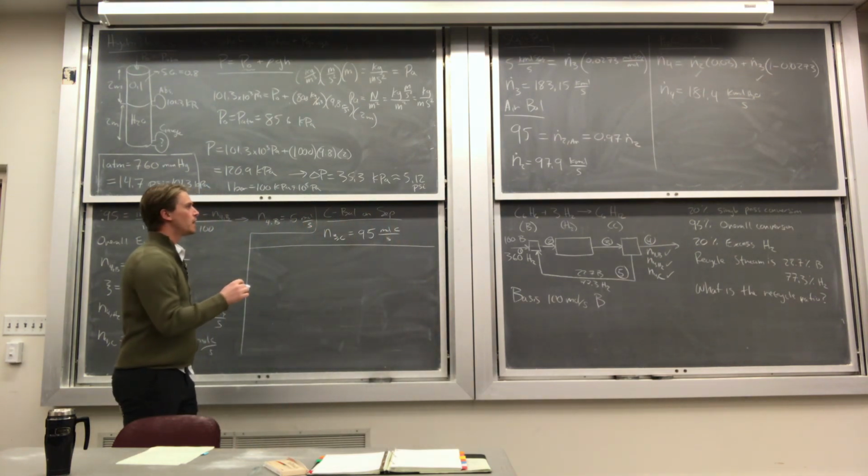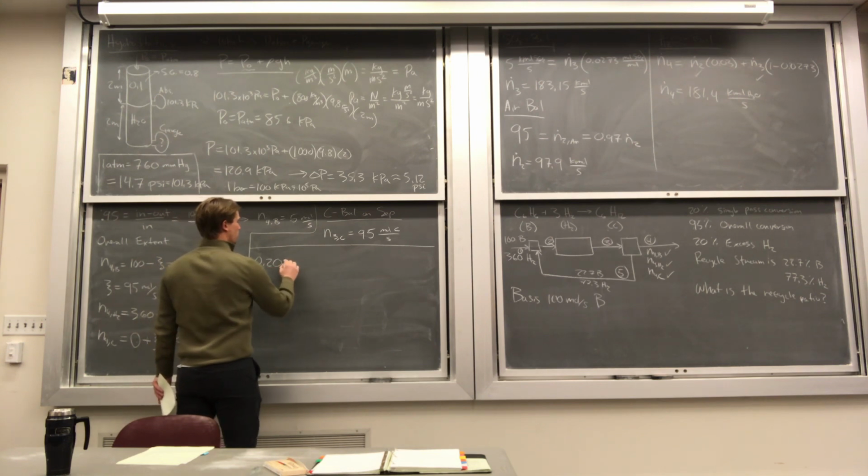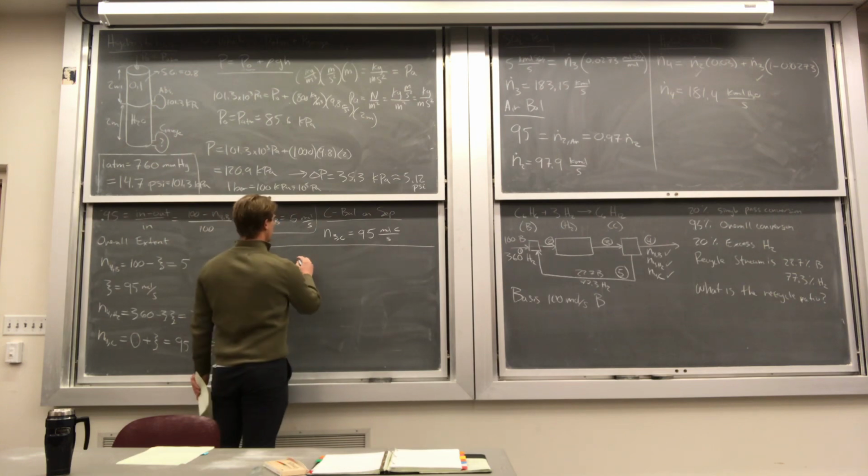Okay? So 0.20, this is the benzene conversion, is going to be equal to N in minus out, in minus out over in.